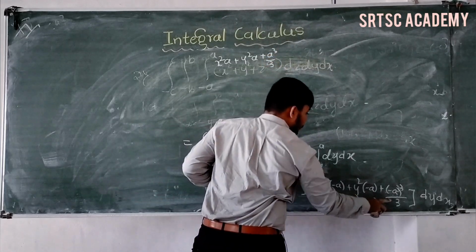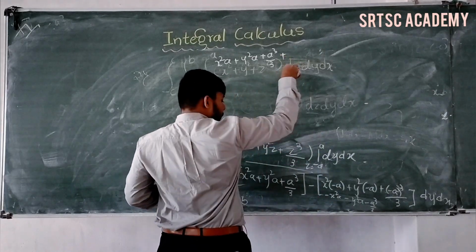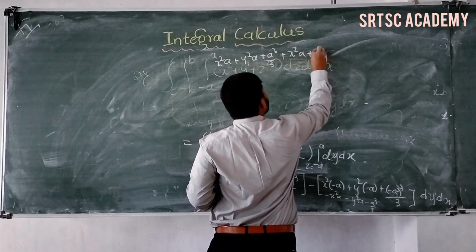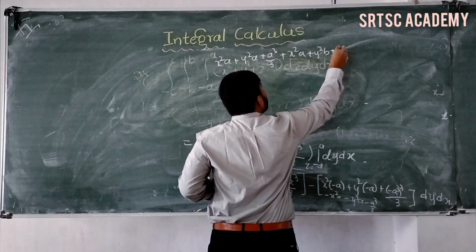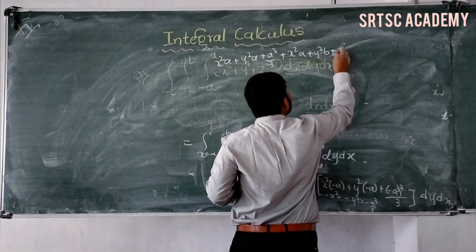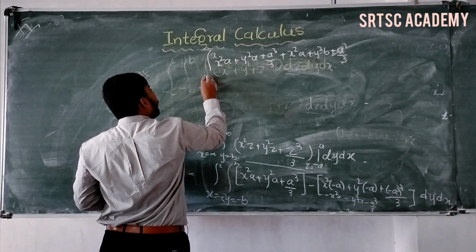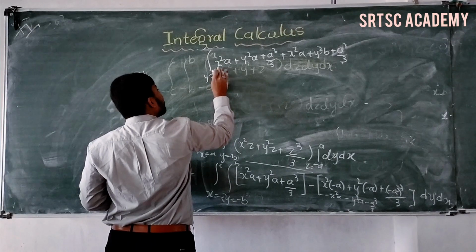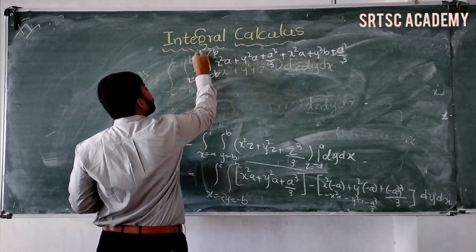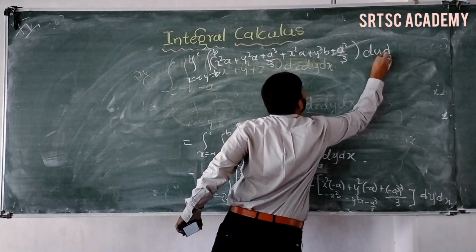This term becomes plus, right? So I will write the answer directly. Plus x square a plus y square a plus a cube by 3, minus minus a cube by 3, right? Integration y varies from minus b to b, x varies from minus c to c with respect to y and x.